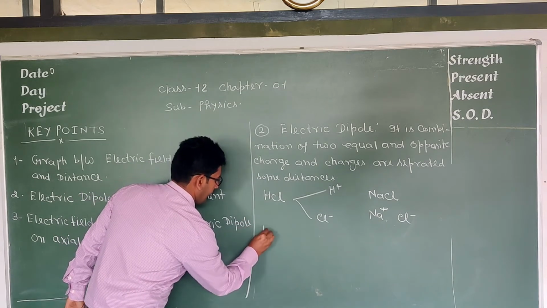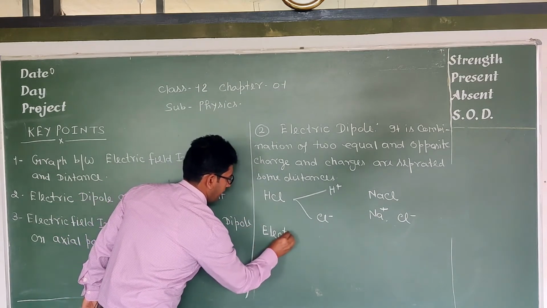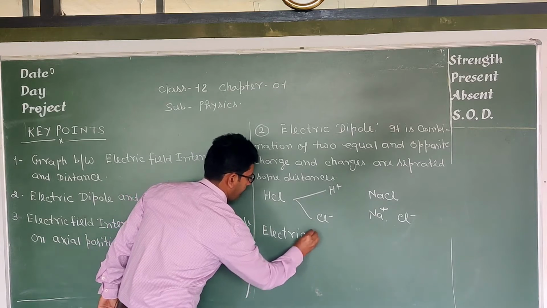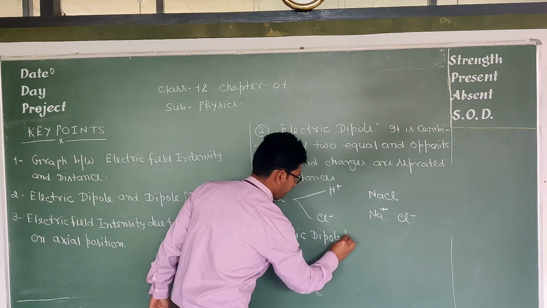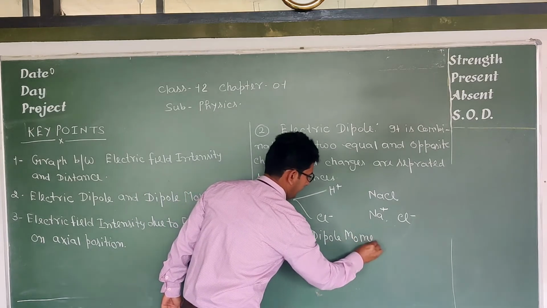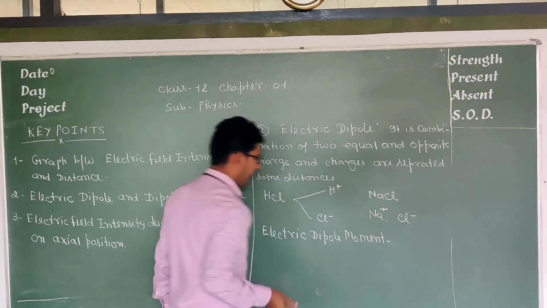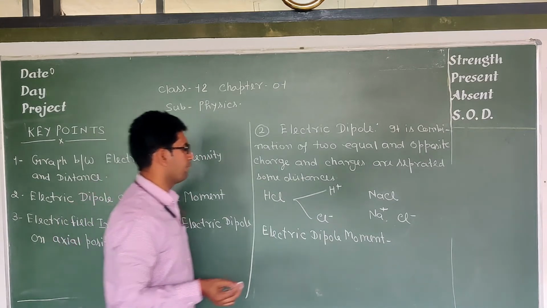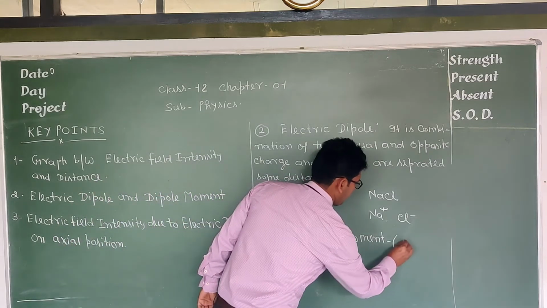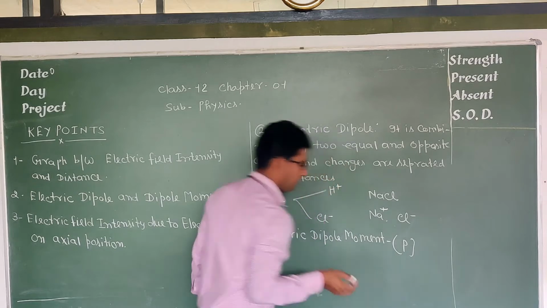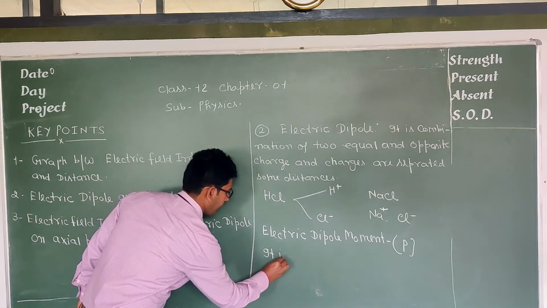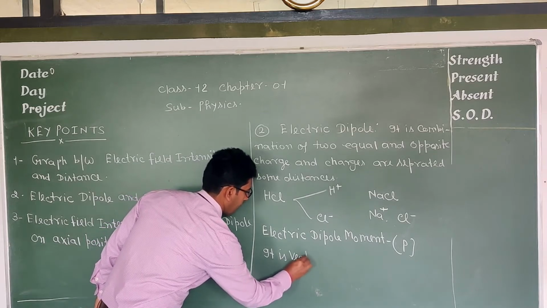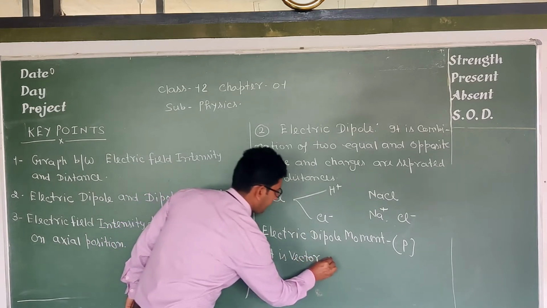Next one, electric dipole moment. The symbol of electric dipole moment is P, and it is a vector quantity.